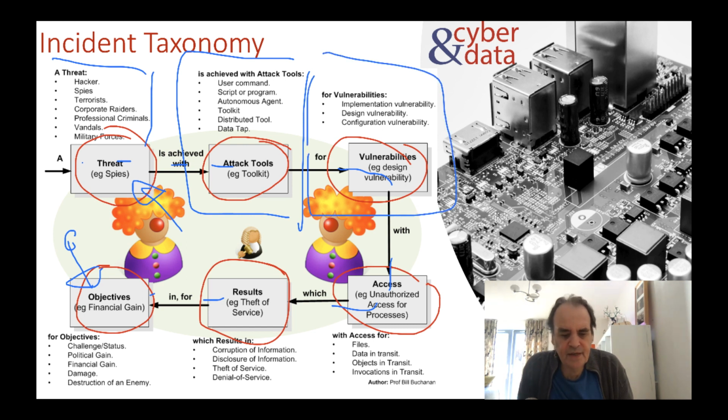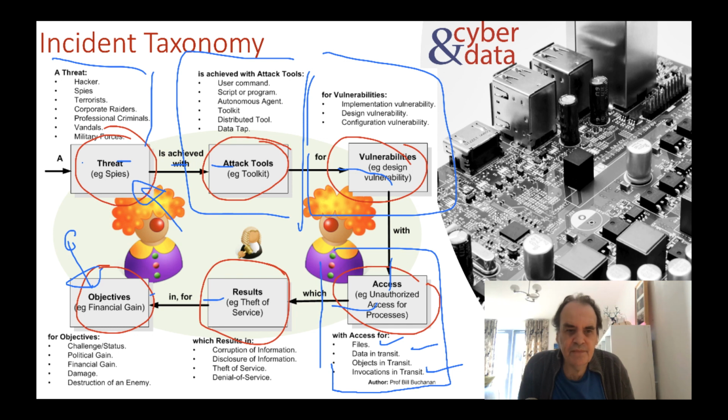And then with these attack tools, we need to understand the vulnerabilities that we might have within our organisation that could be breached. This might be an implementation, a poorly patched system, a design architectural vulnerability, or even a configuration vulnerability. Then they might get access, and we need to look at whether it's files they can access, the data in transit, objects, or even invocations in transit, such as messages and so on.